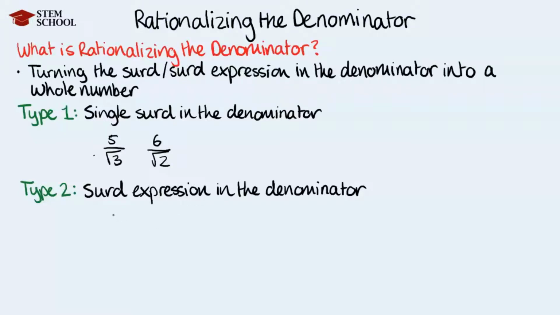So we can have 5 over 2 plus root 3, or we could have 6 all over 7 take away root 2. And the last thing to note is that the numerators can be anything. They'll make the questions more complicated by adding surds there too.